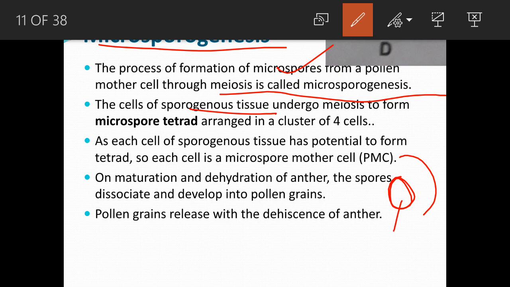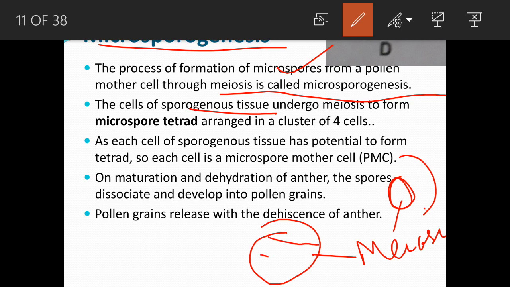So these cells will undergo meiosis to form a microspore tetrad, arranged in a cluster of four cells. Each of these sporogenous tissue cells has the potential to form a tetrad. So each cell can form a tetrad. So each cell is a microspore mother cell.